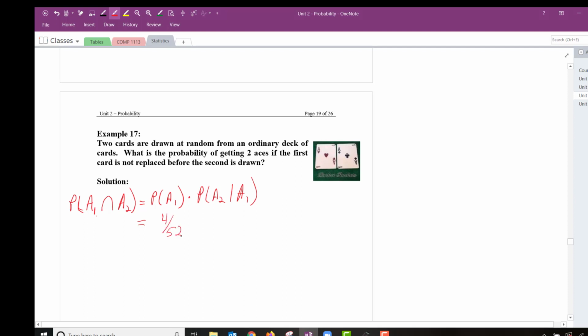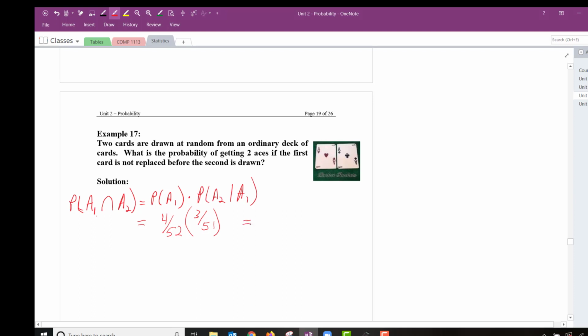And then next, you need to get another ace. But when you go to draw your next card, there aren't 4 left in the deck anymore. There are only 3. And there aren't 52 cards in the deck anymore. There are only 51 remaining. So the second event depends on what happened on the first one. It's harder to get that second ace because you've removed one already.